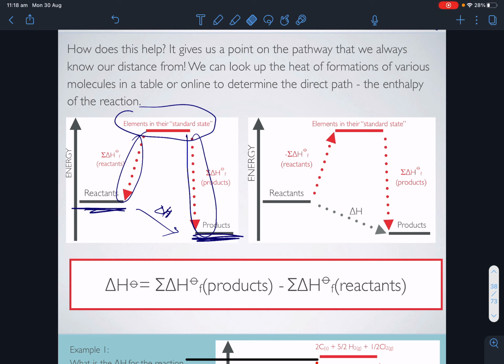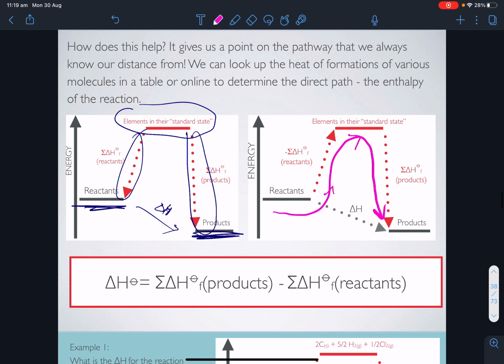Another way to think of it is, okay, let me get my pencil, I might change colour. If we're going on this pink pathway, going upways, what we're taking is just the negative heat of formation of the reactants, okay?